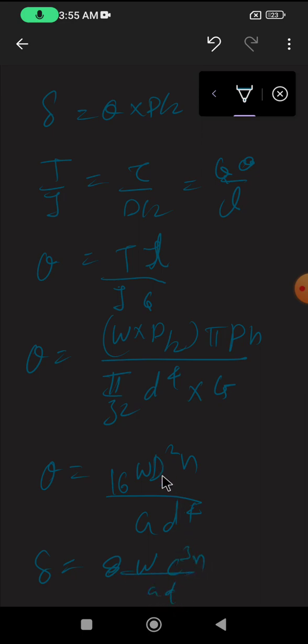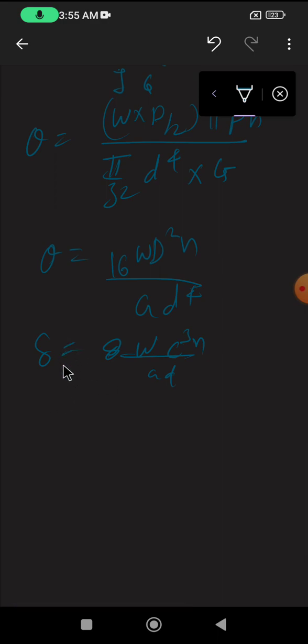Now D by d is C, so we can write C cube by d, because here it is D cube and here it is d raised to 4. So W by delta will be equal to G d divided by 8 C cube n. This W by delta is the stiffness of the spring, or the spring rate, which is constant.